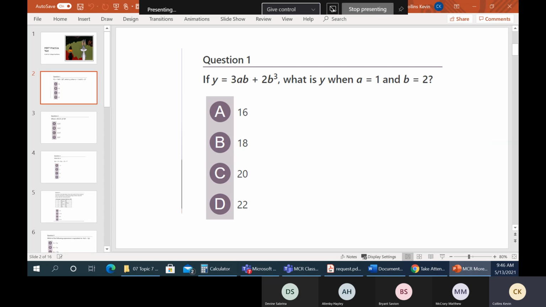All right, so this is one we've seen problems like this before. We just substitute in the values and come up with a number.